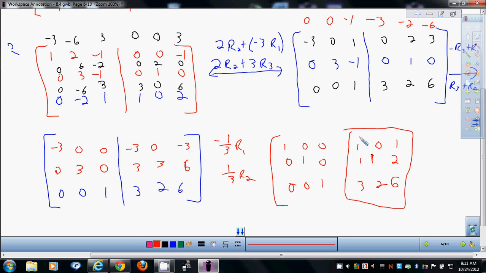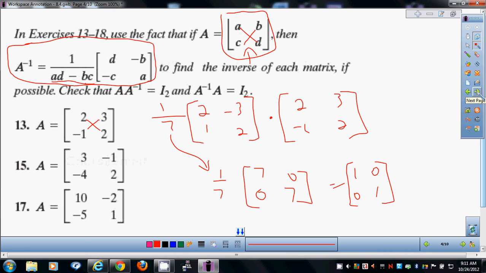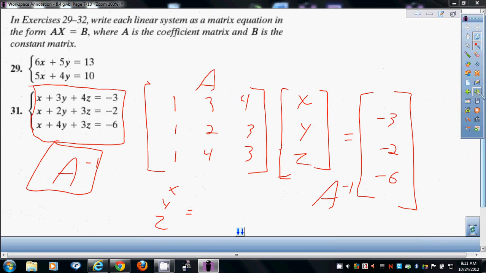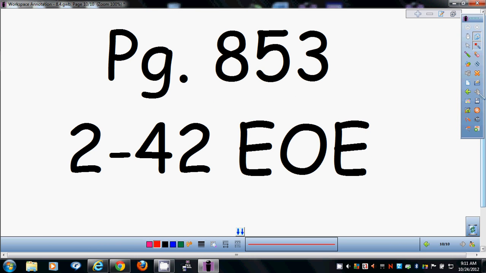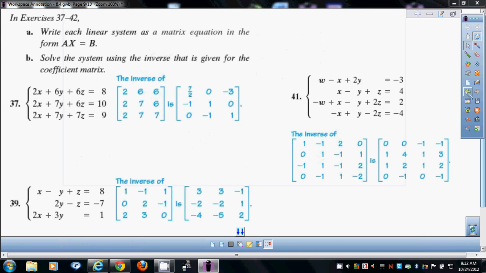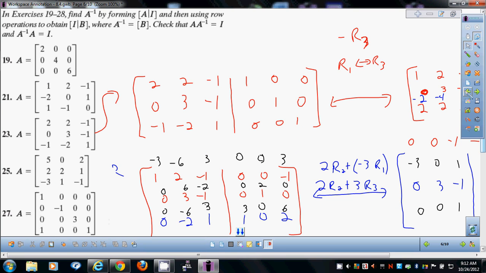Any final questions about this problem? The last thing I'm going to have you look at is the assignment. What numbers did those go through?